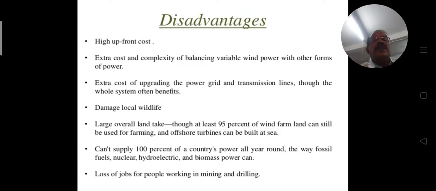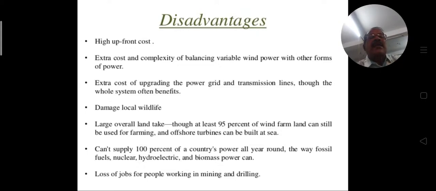It often harms local wildlife. Due to these wind turbines, the local wildlife is damaged, and a large overall land take, though at least 95% of wind farm land can still be used for farming, and offshore turbines can be built at sea.